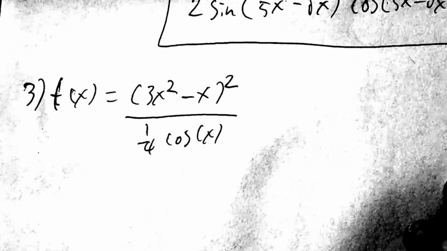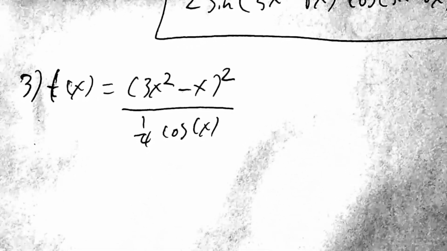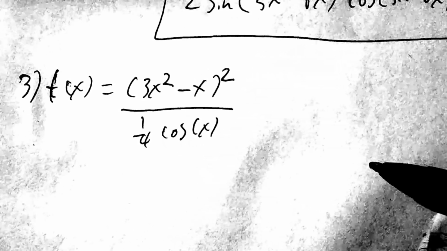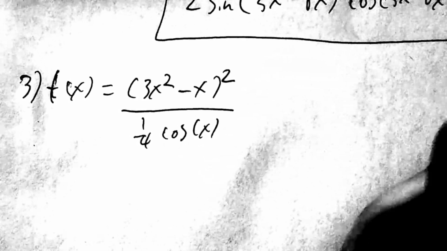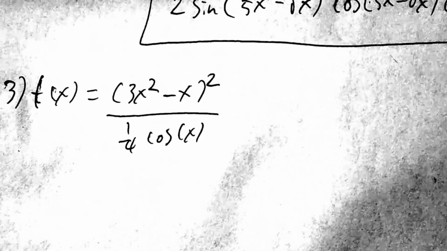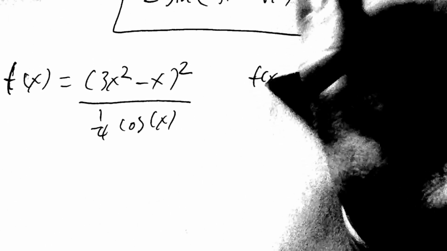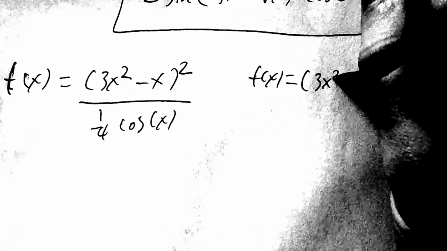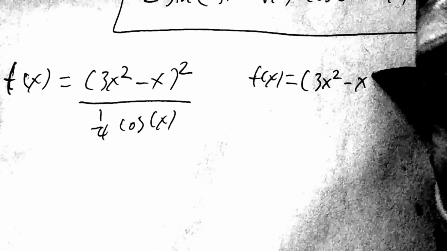Again, for a lot of these, you can do them as product rules by bringing the denominator up to the top and then doing product rule. That's totally fine. I am going to do these quotient rule style though. So again, the numerator is always f of x. So f of x is going to be parentheses 3x squared minus x, all that squared.